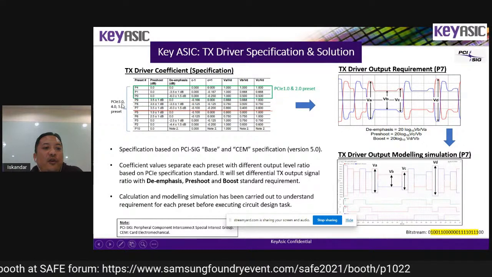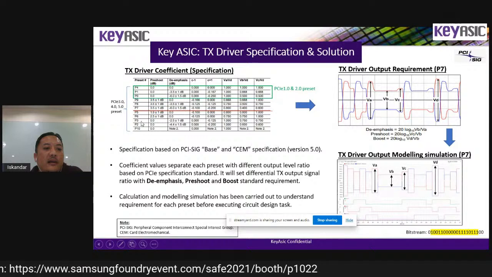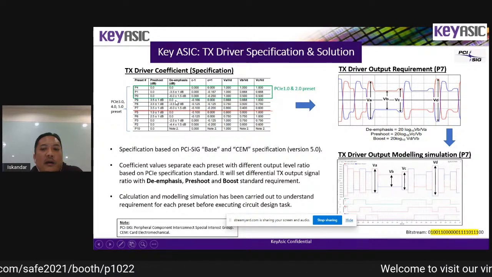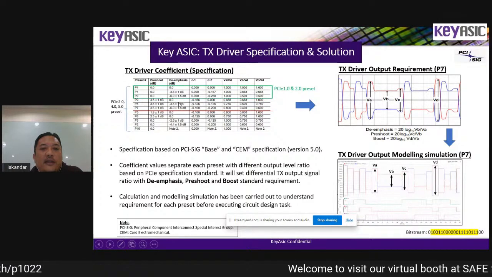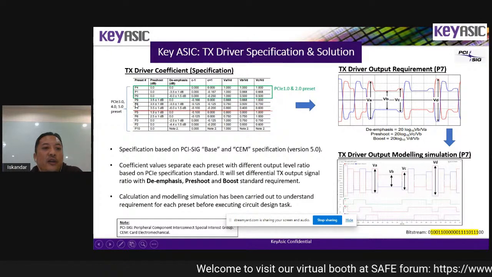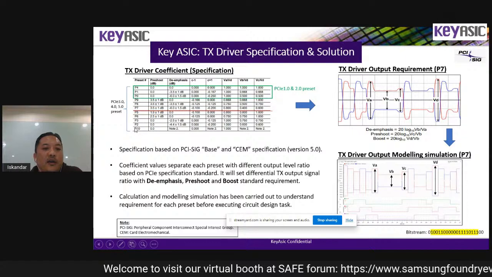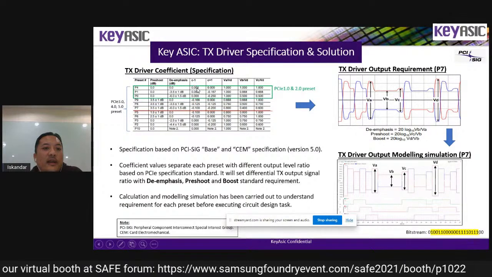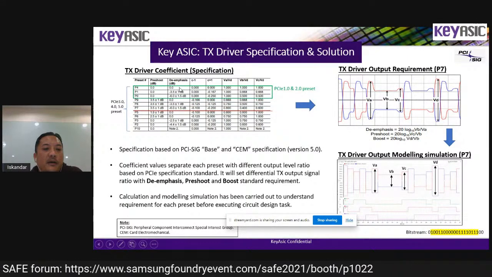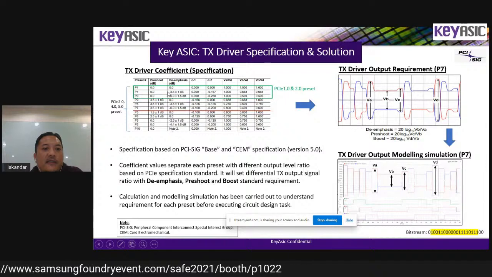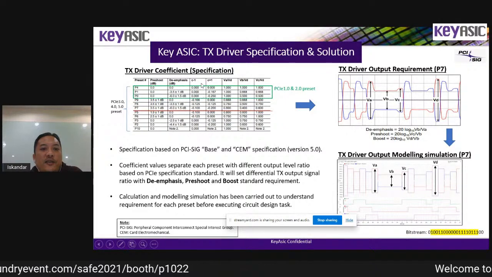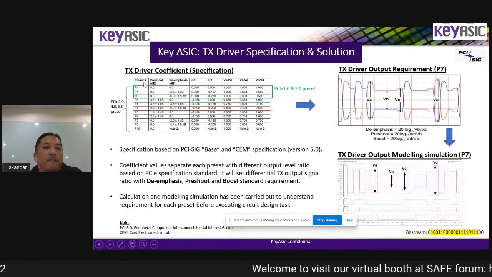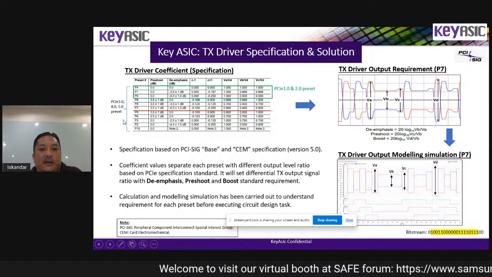PCIe 3, 4, and 5 will use another 8 presets. The difficulty that we face when we design the TX is fulfilling all these preset requirements. We need to set the coefficients according to the specification. After we set the coefficients, we should meet all these 11 preset conditions.